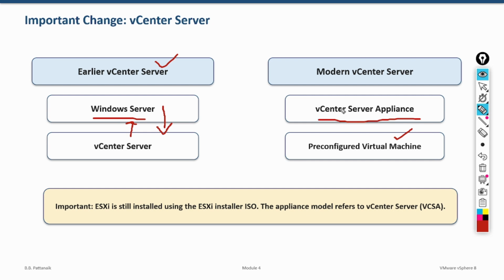So vCenter Server Appliance, also called VCSA, is a pre-configured virtual machine. It is a very lightweight VM, and the operating system running in this VM is Photon OS.